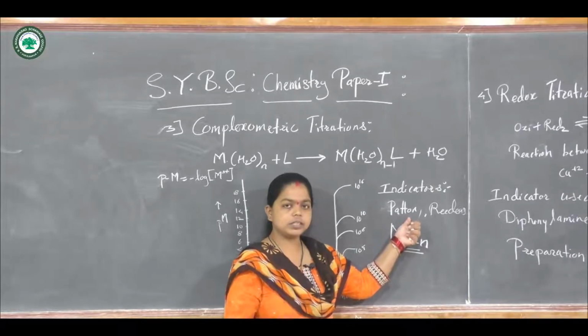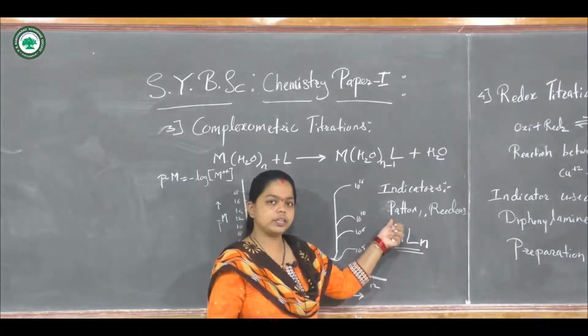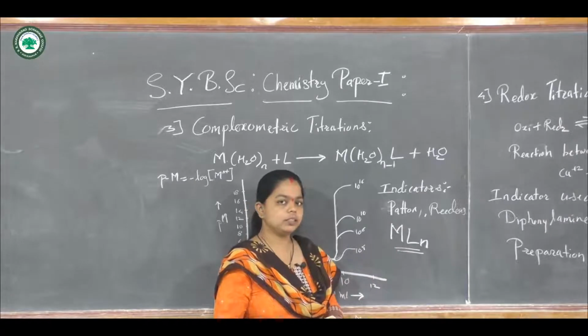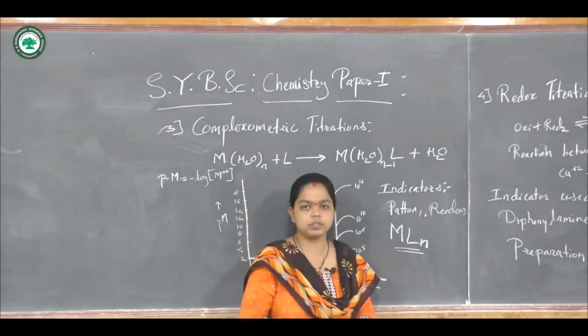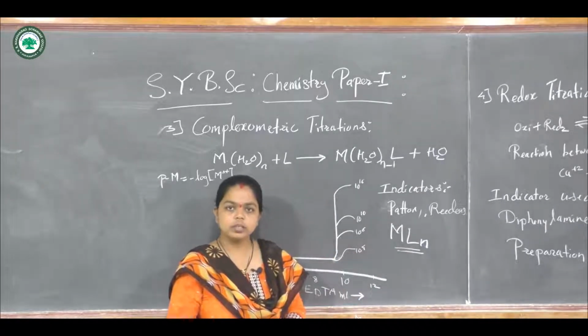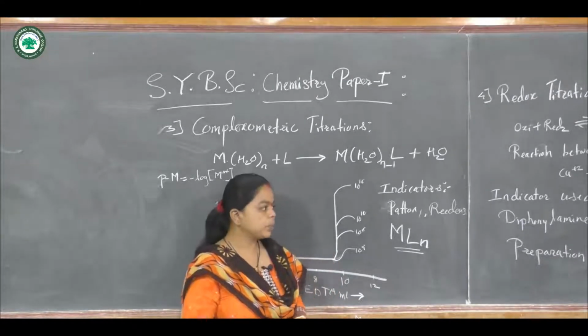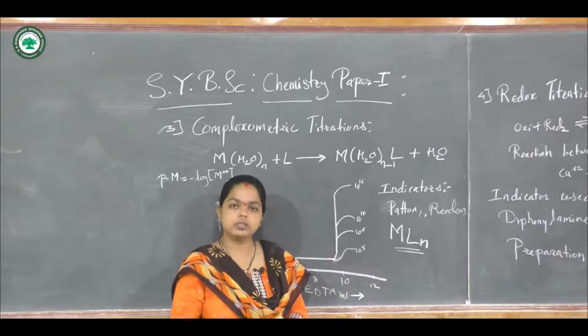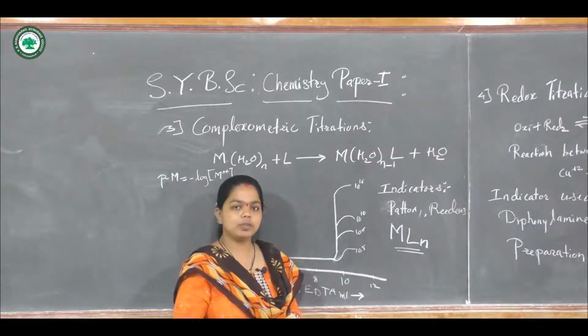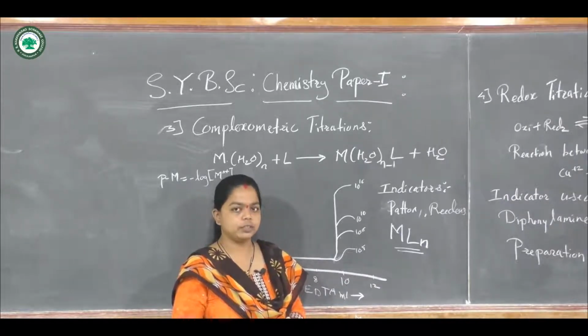So in the next point we are going to study the redox titration. We know that the redox titration involves transfer of electrons. In redox titration, K2Cr2O7 and KMnO4 are used as indicators.